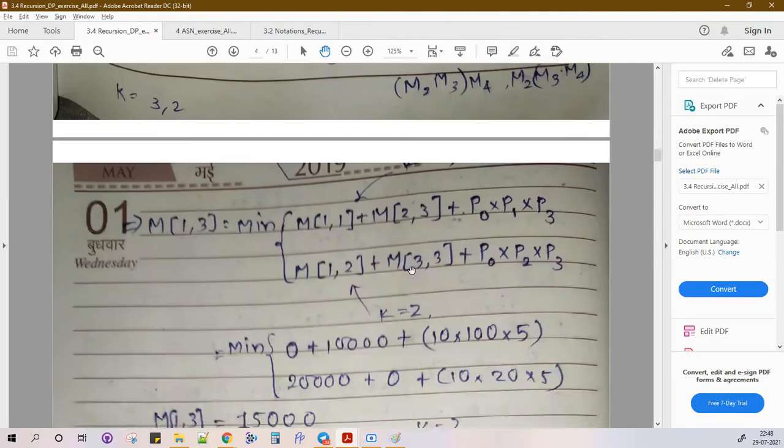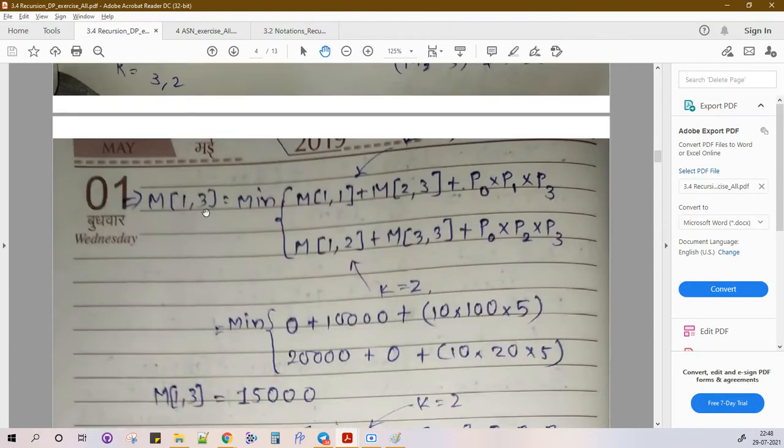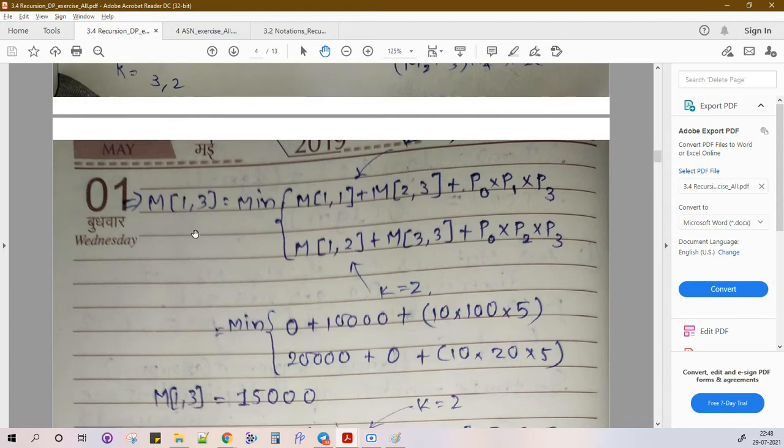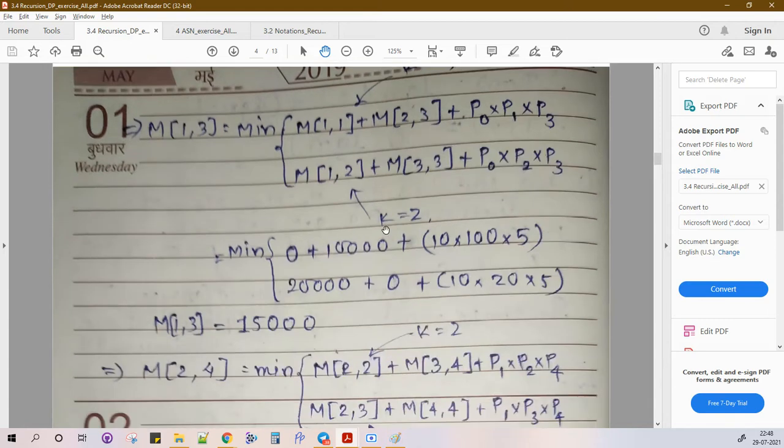Let's find out. So let's take M13, which is nothing but our first chain M1M2M3.